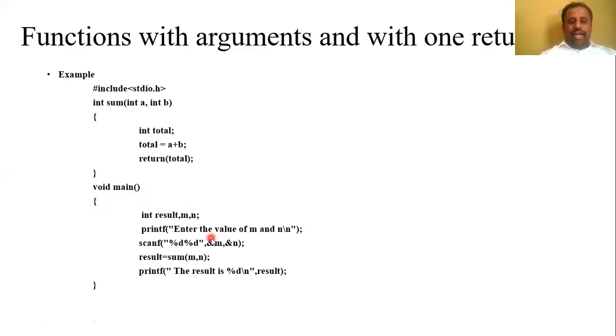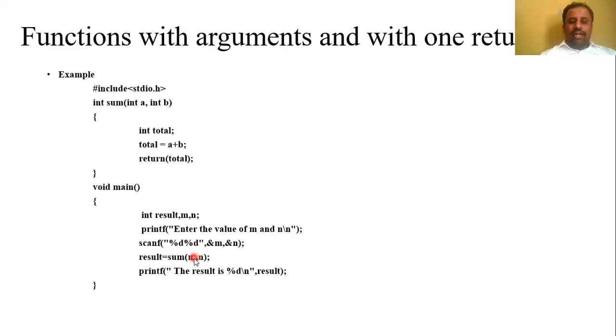I enter the m value as 5, n value as 10, then I'm calling the sum function. Sum will return what value? An integer value. Once the sum function returns some value, I need to store that value. So I put a variable equal to the function call. Whatever result it returns is stored in one variable, and that variable name is result.